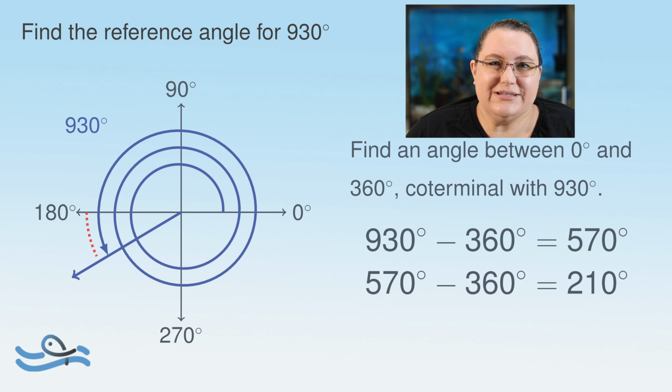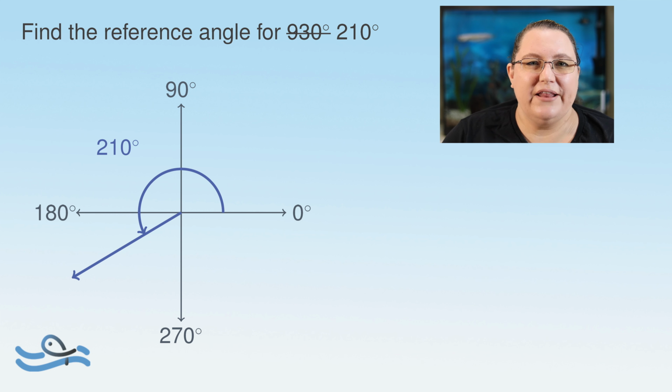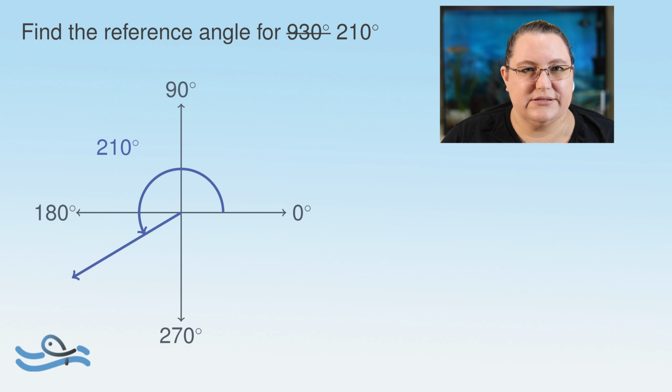That means 210 degrees is coterminal with 930 degrees. Therefore, finding the reference angle for 930 degrees is the same problem as finding the reference angle for 210 degrees. So we'll change our problem to find the reference angle for 210 degrees.